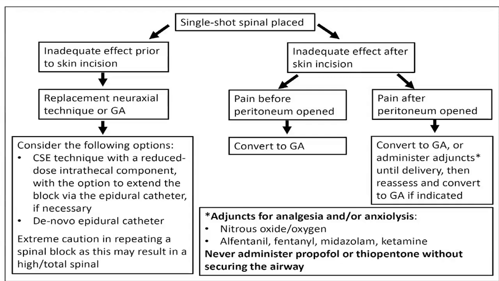So if you're going to go for a neuraxial technique, CSE would be the safest, where you go for a very low dose of spinal and top up the epidural to get the desired block, and that would be the best way to go for a neuraxial. But if time does not permit, I think converting the anesthetic to a general anesthetic would be the best.